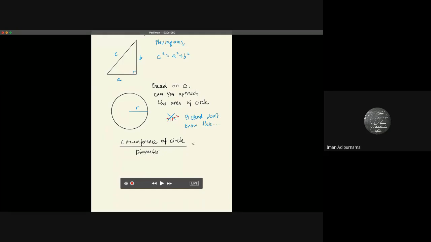Anyone know what this is? This ratio is your so-called pi. Now the question is still the same.